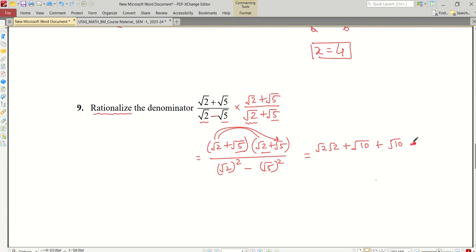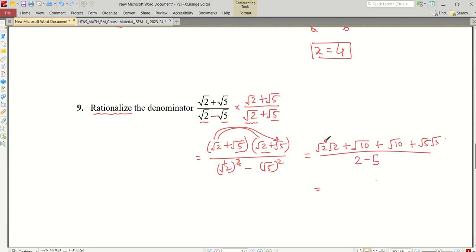Now plus, square root 5 into square root 5, upon. What is this? Now remember, square root 2 squared is cancelled by this. So it is 2 minus 5 like this.